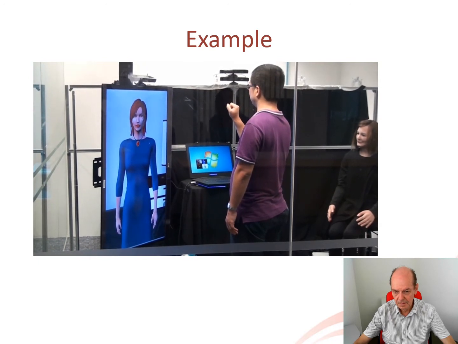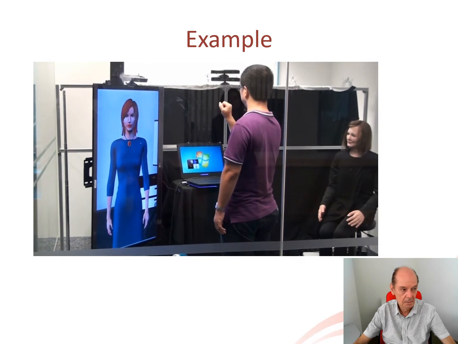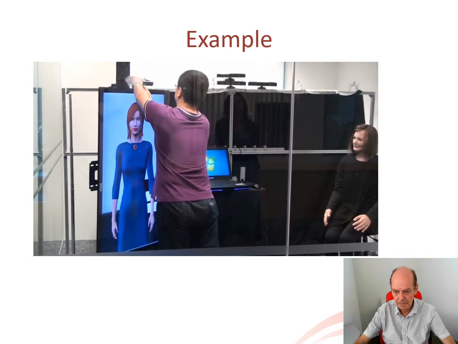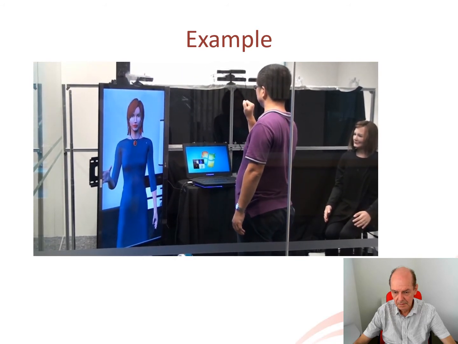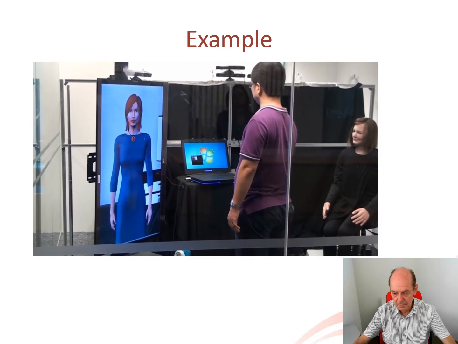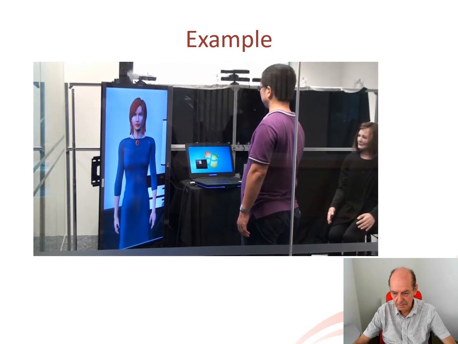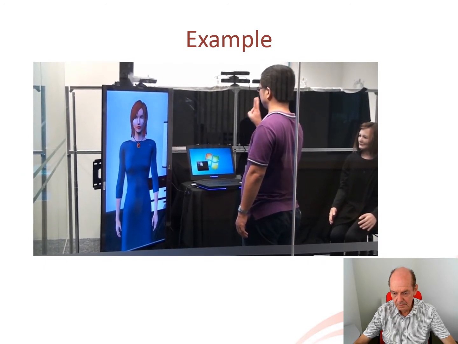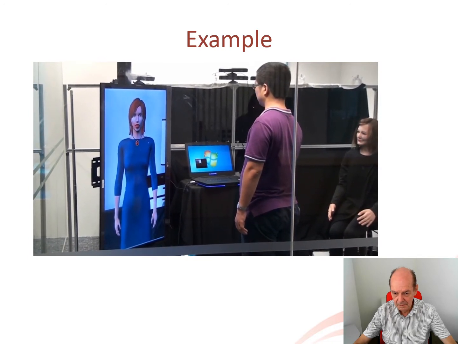Oh, you have won. Let me see who wins this time. 1, 2, 3. You have lost. Better luck next time. Okay, so get ready. 1, 2, 3. Congratulations, you won.